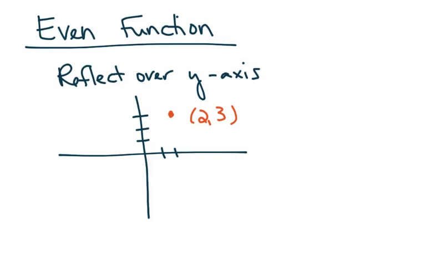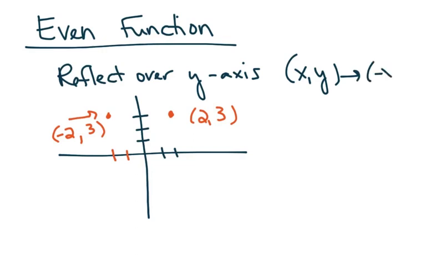Where would your reflection lie on the other side of that axis? It might lie here. Well, that's at -2, 3. So notice what happened was that the x-coordinate changed signs. So an even function is one where if x, y lies on the graph, so must -x, y.